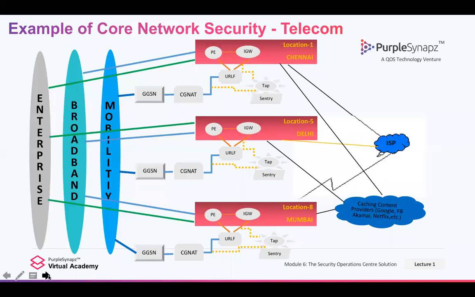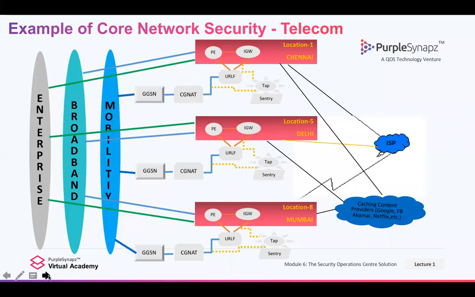Why I am explaining this is not that you have to start working on a telecom infrastructure, but you need to know that the logs get collected from routers, from switches, from servers. We all know that. But there are very important elements which cover those blind spots where we will not be able to see the logs, and that is covered by a tap and a sentry.